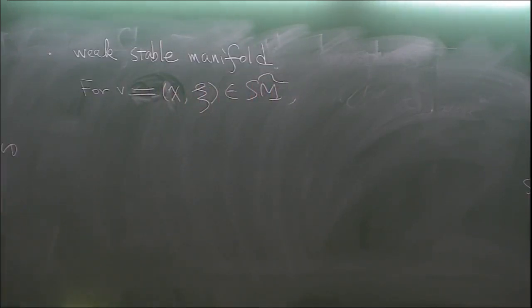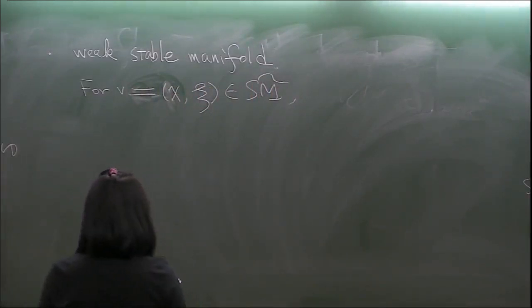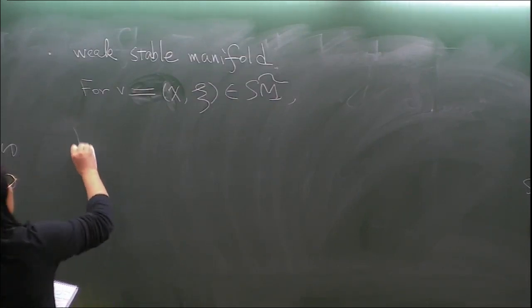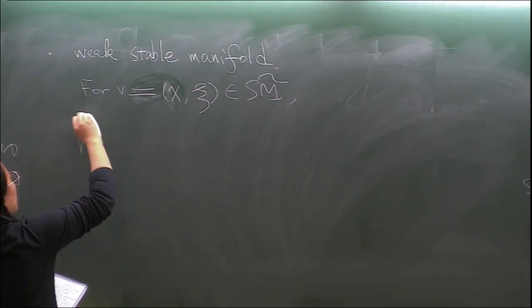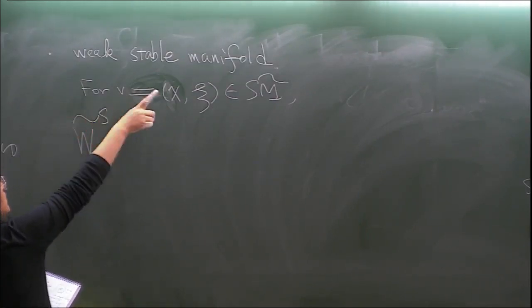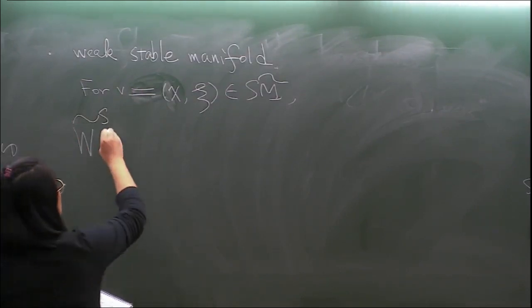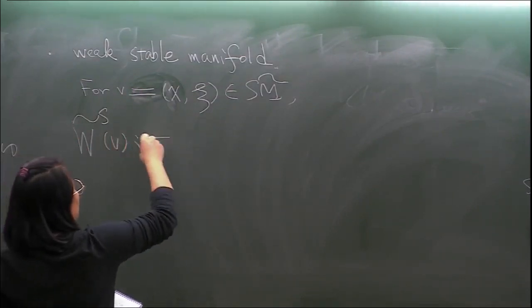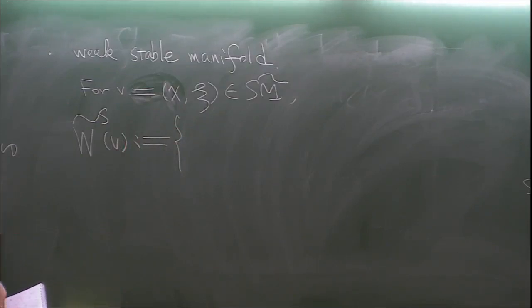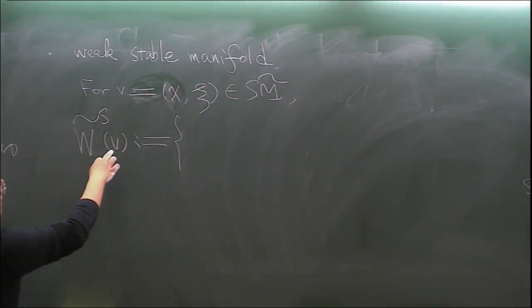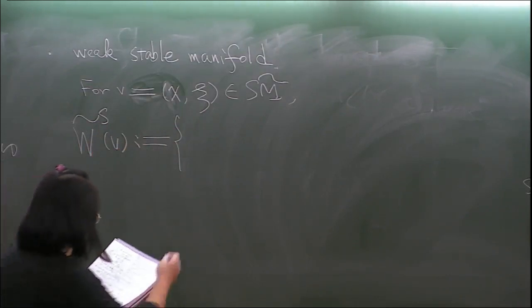Then the stable manifold at this point v is denoted by W tilde s, s means stable, v, which is the collection of the initial vectors such that the geodesics are asymptotic to ξ.